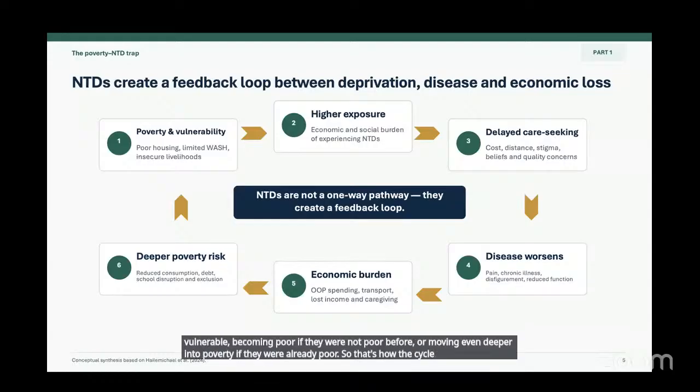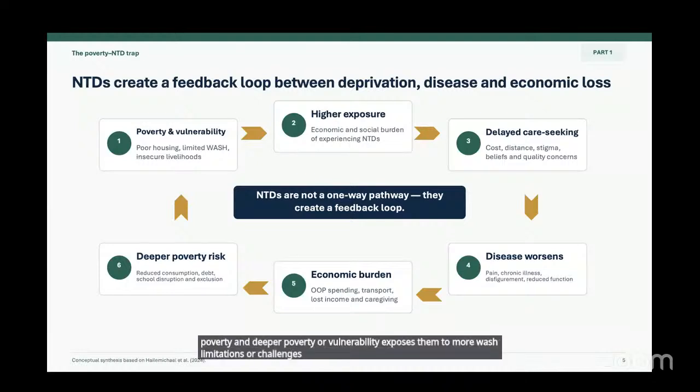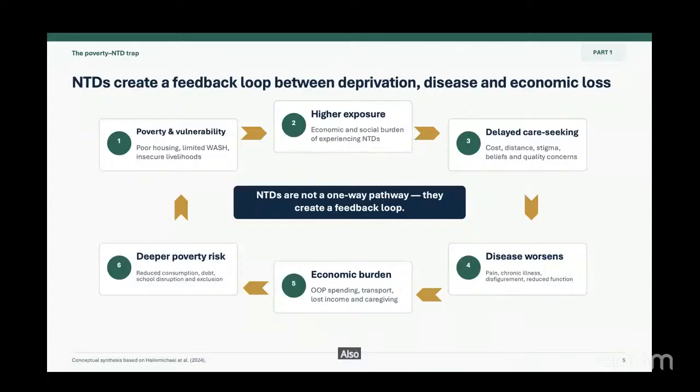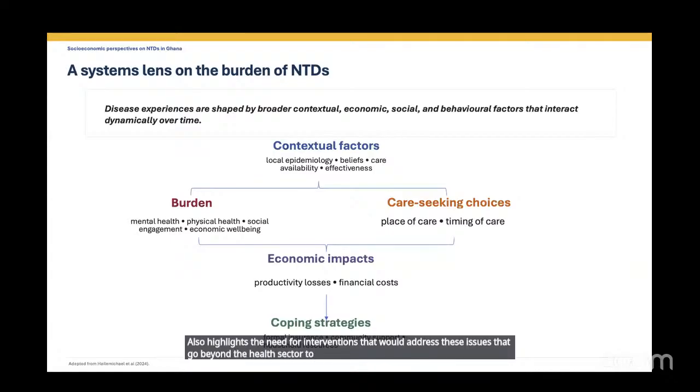And this poverty and deeper poverty or vulnerability exposes them to more WASH limitations or challenges, and then the cycle starts all over again. So when we say that NTDs are a poverty disease, this is exactly what we talk about, and that also highlights the need for interventions that would address these issues that go beyond the health sector to address poverty, to improve access and make life more comfortable.